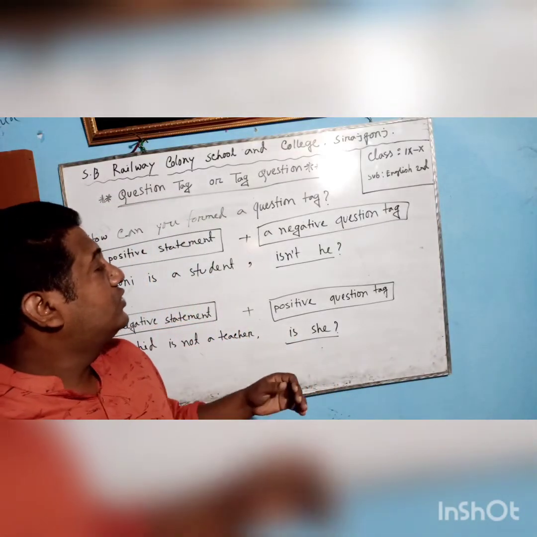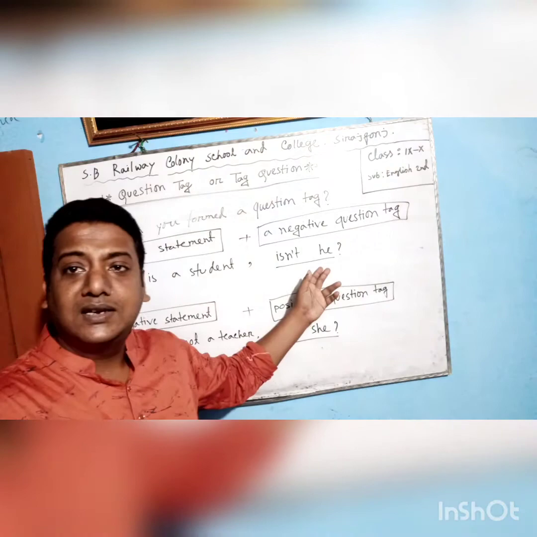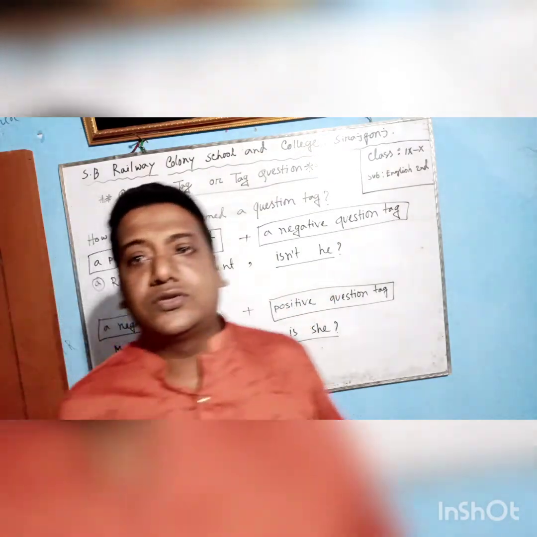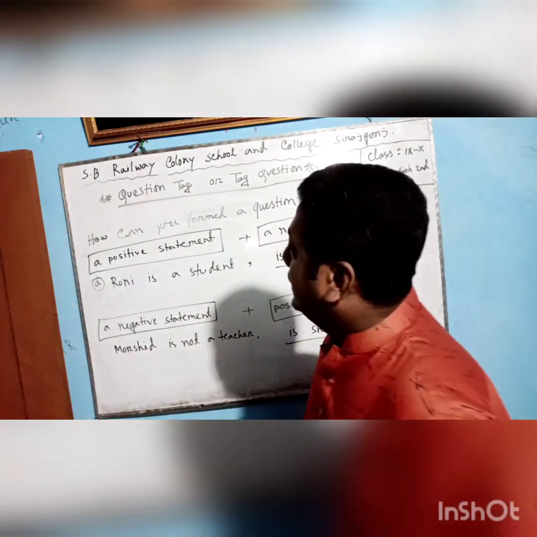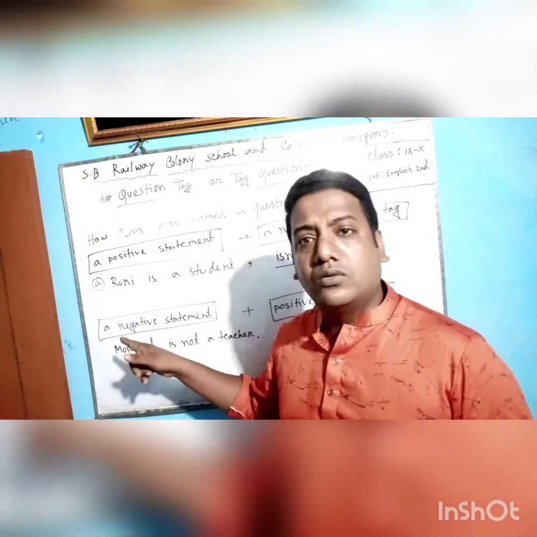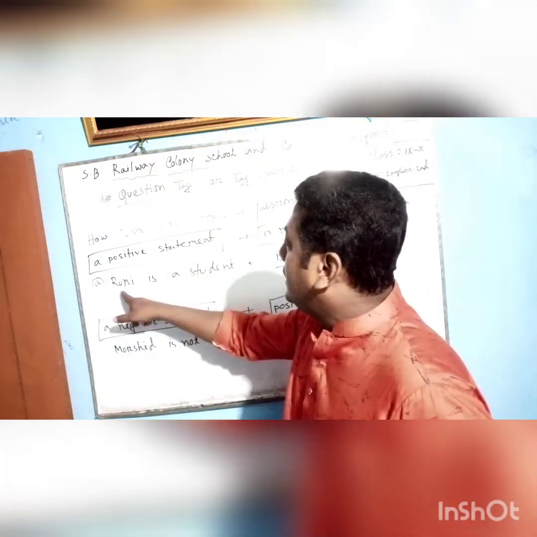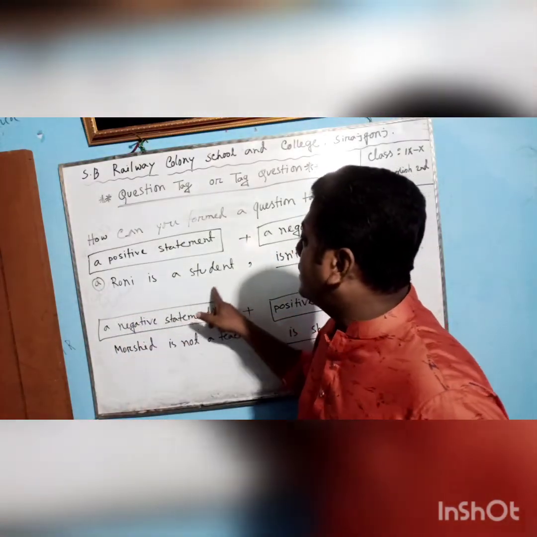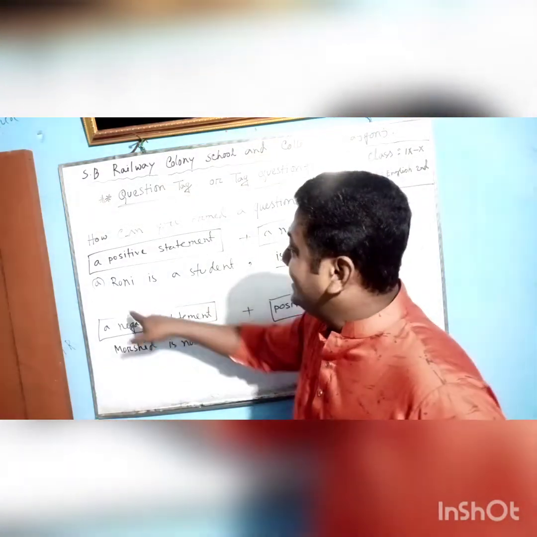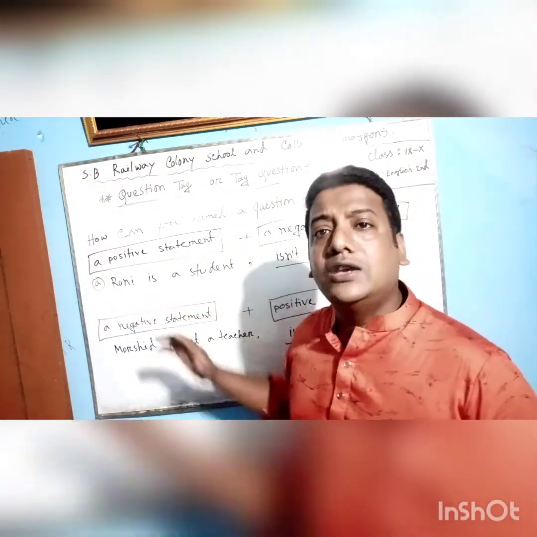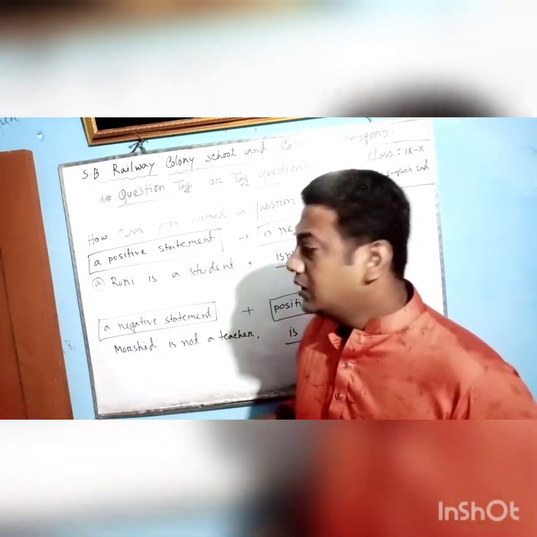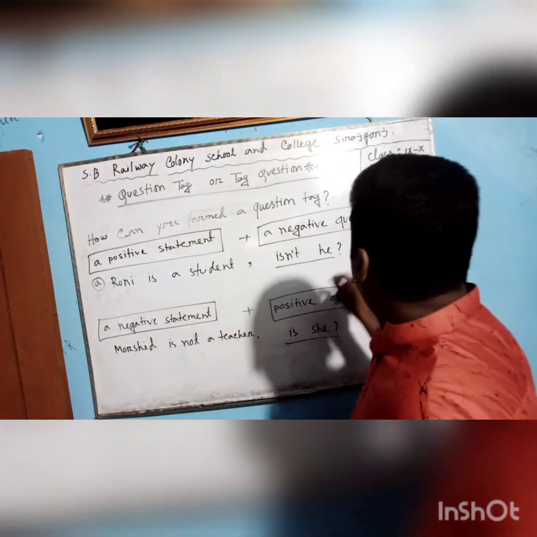And we use the subject of the statement, but we do not use the noun. Maybe the subject of the statement is a noun, but we do not use noun. We use pronoun.